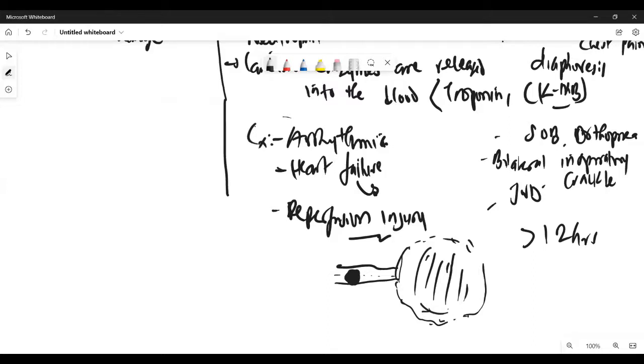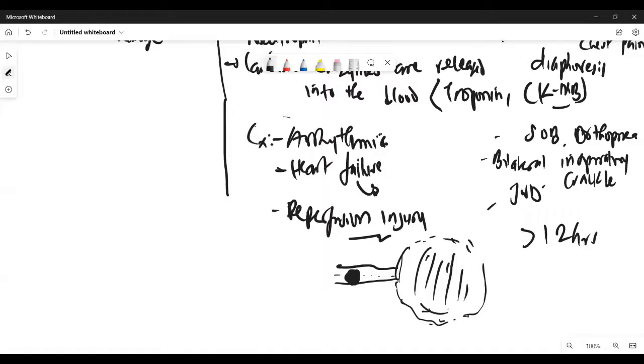Those oxygen molecules can actually be converted to free radicals, so you can start generating things like hydroxyl free radicals, and that can further damage those tissues. That's what we call reperfusion injury. And of course, calcium can influx into those cells, and it can cause severe hypercontraction of those myofibrils, and that will also further impact this tissue.